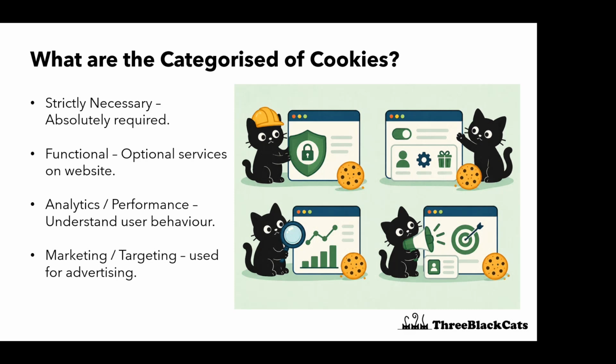As a general rule, other than security cookies, most of your third-party cookies will be in marketing and targeting. They are there to serve someone else's business need, not your own. And that business need is usually tied up with selling data of some form or another.